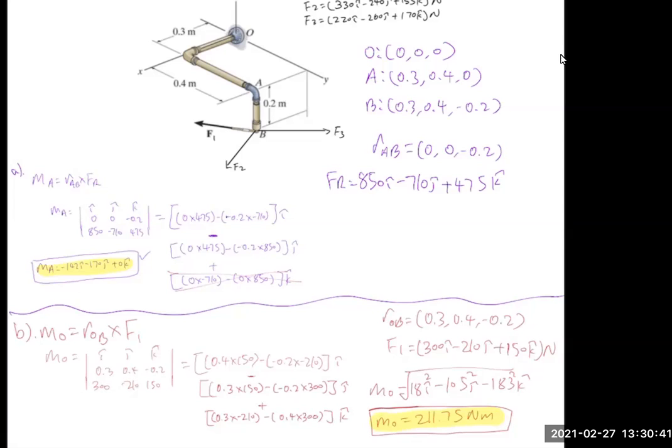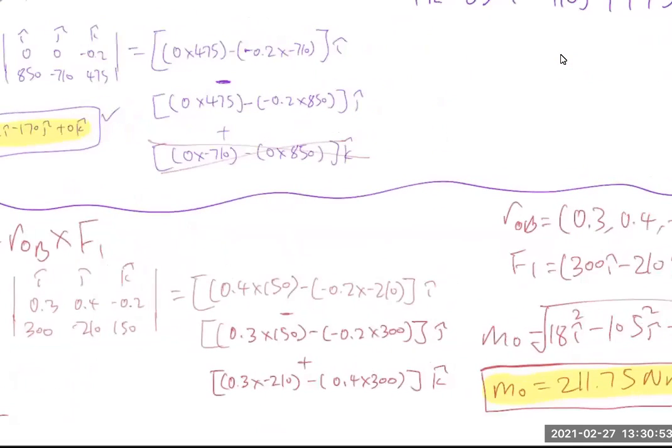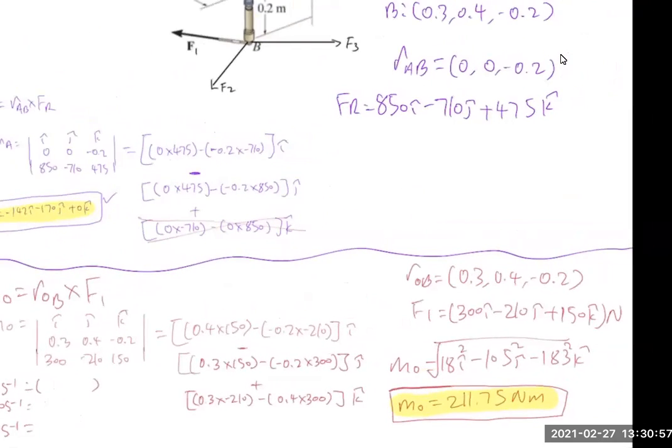And then I have to find out what my alpha, beta, and gamma are. So my alpha, beta, gamma are cosine inverse, cosine inverse, cosine inverse. For alpha, that's going to be 18 divided by 211.75.